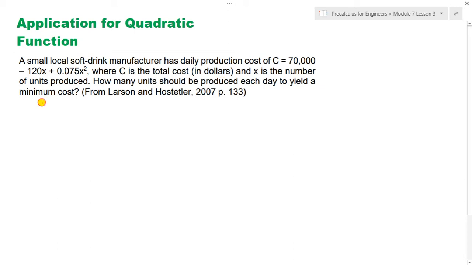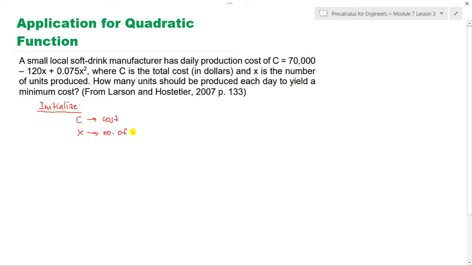So again, we're going to initialize the variables. So C is the cost, mo ni ang bayranan, then x would be the number of units produced.